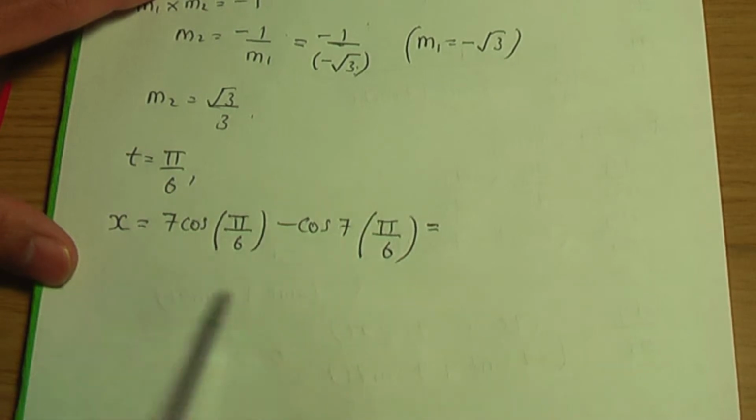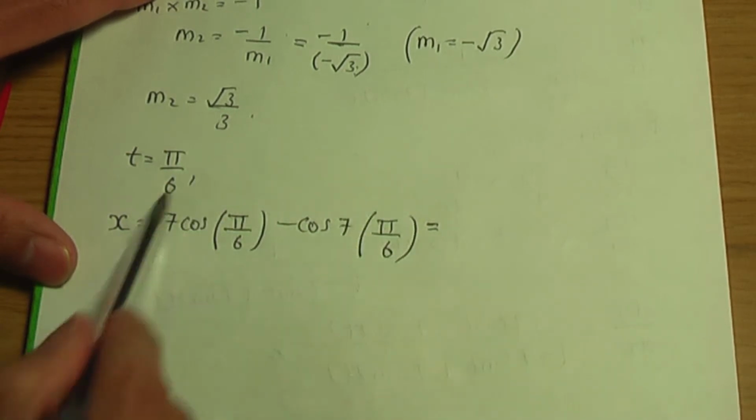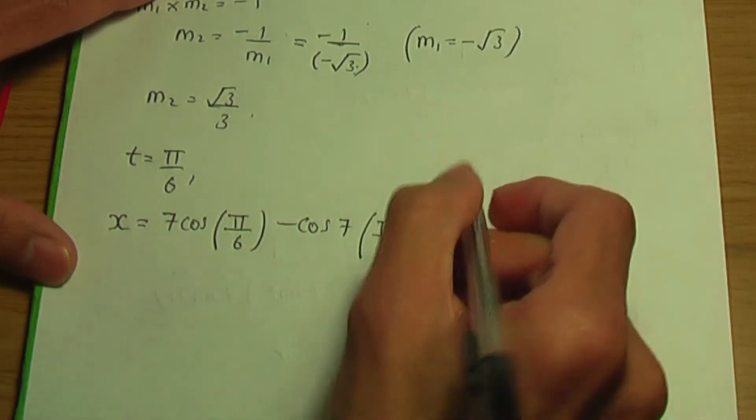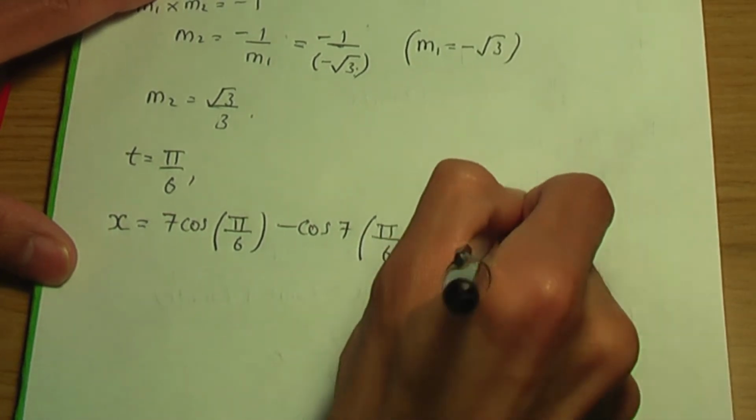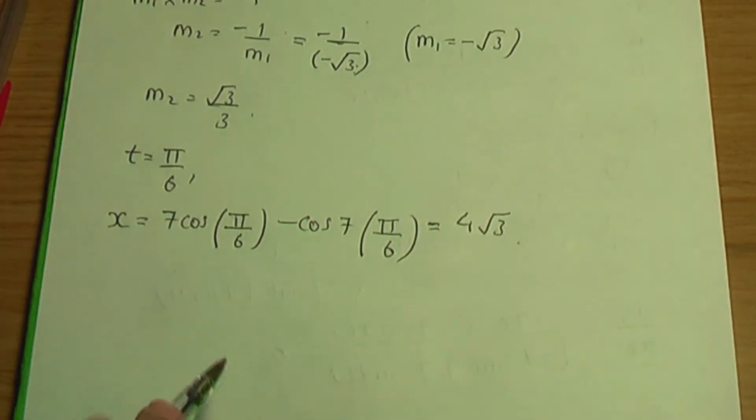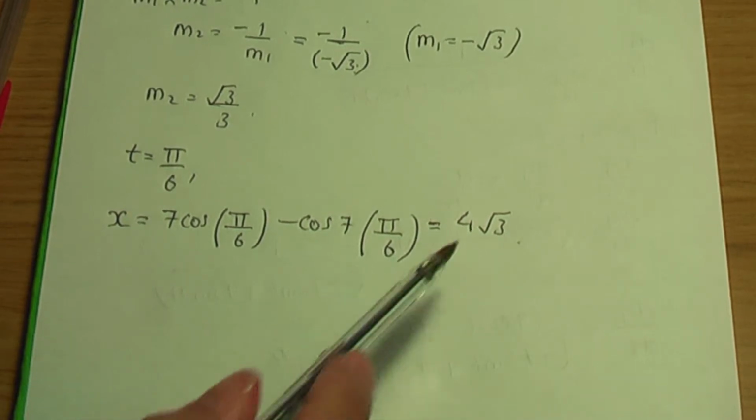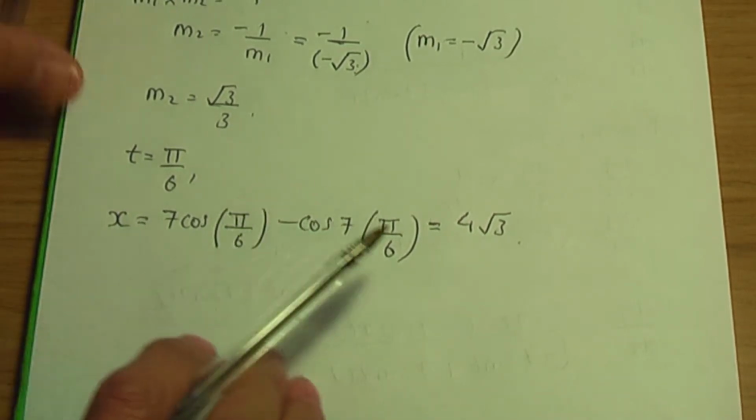Again, provided that the calculator is in radian mode, if you plug this in, you should have a value for x of 4 root 3. Remember, we need our answer in exact form, so we'll leave it in surd form.